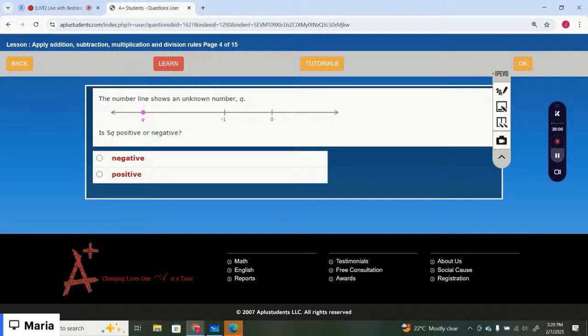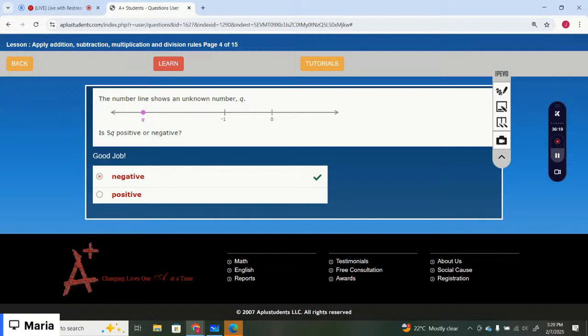Q is on the left hand side of the 0. Q is negative. So the product of 5 and negative Q is negative because Q is on the left hand side. So that is negative.